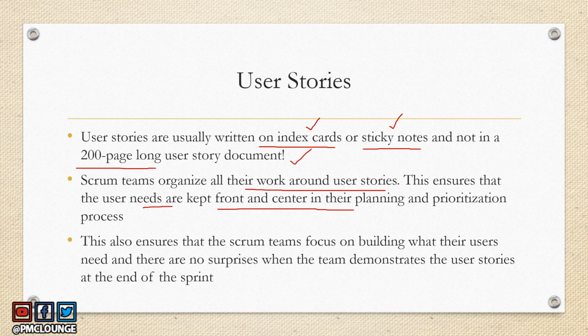So this also ensures that the Scrum teams focus on building what their users need, and there are no surprises when the team demonstrates the user stories at the end of the sprint, because once the sprint is over, there is a review meeting, right, where the development team basically demonstrates whatever user stories they have built.